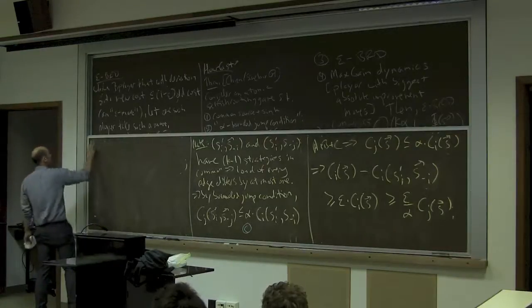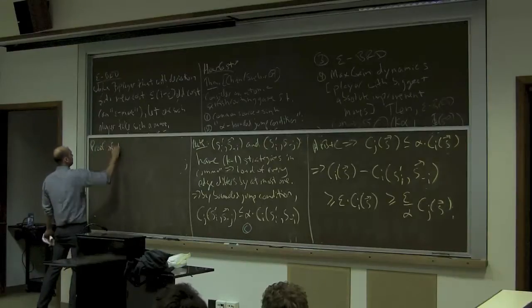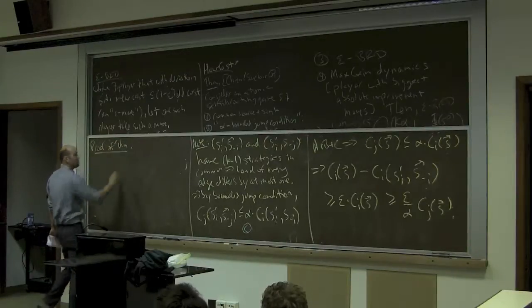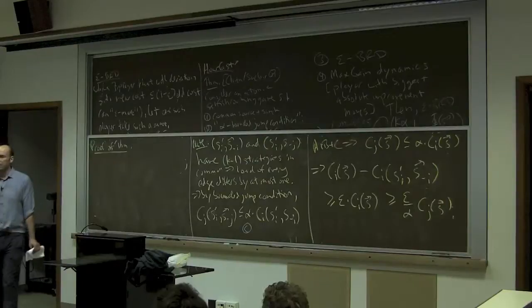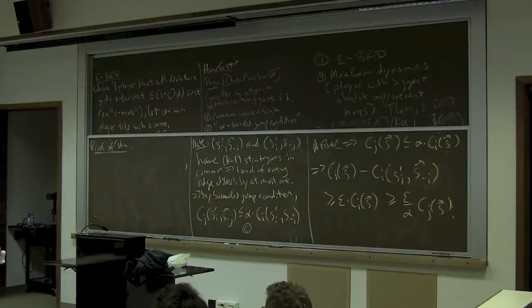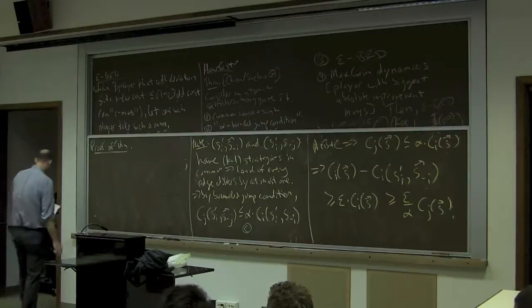And remember, the plan all along was to argue that every single iteration of epsilon best response dynamics decreases the potential by a lot. As long as that's true, it's sort of clear it just can't happen for that many iterations. So let's see why that really is true.